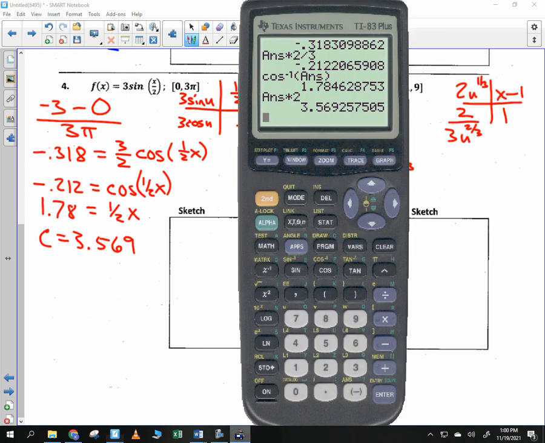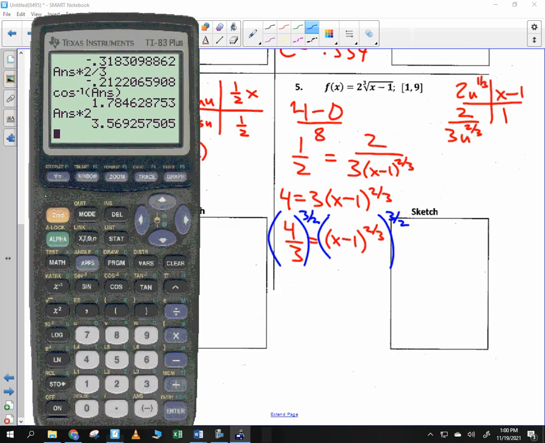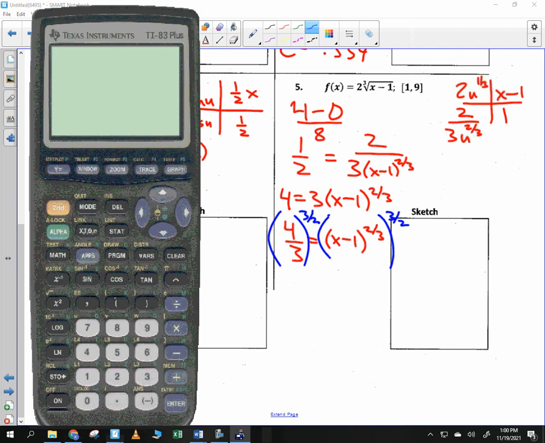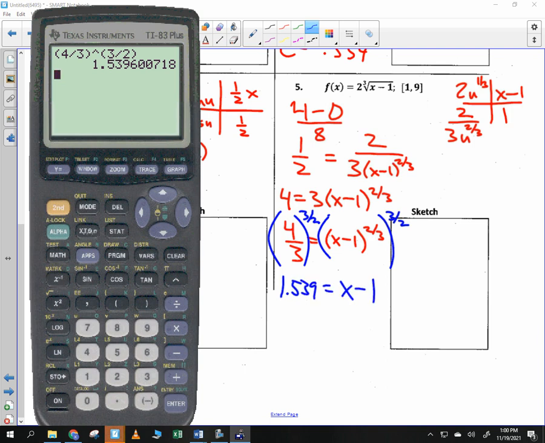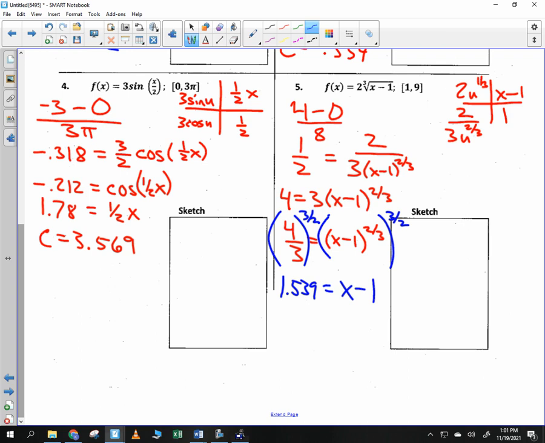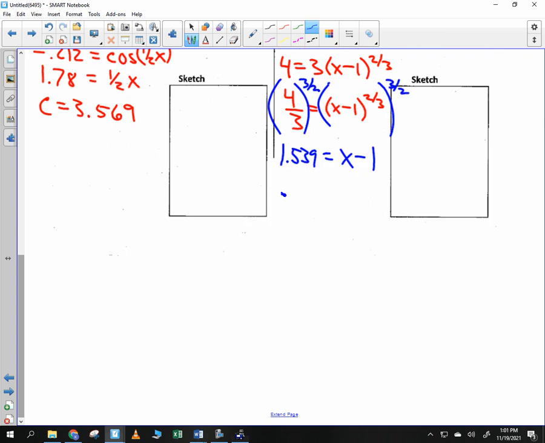So we got to figure that out on our calculator. Fortunately, we've got these excellent calculators. We can do 4/3 and raise that to the 3/2. And we get 1.539. And finally, to finish this off, other than add 1, we get c is equal to 2.539.